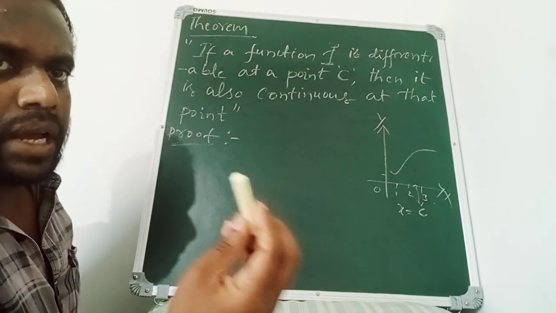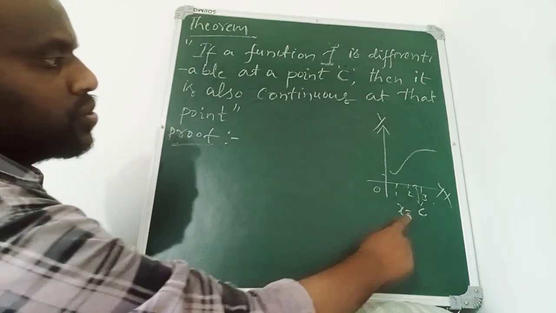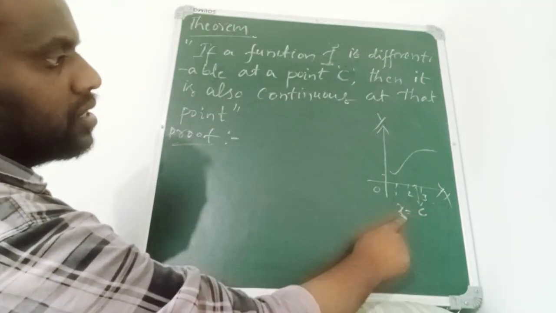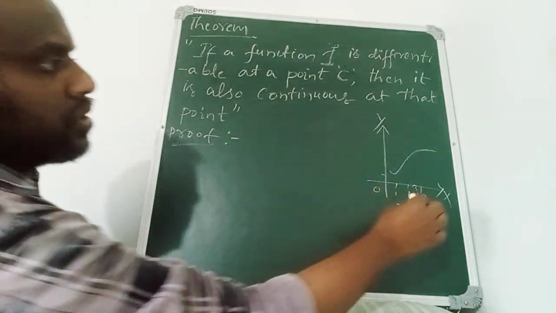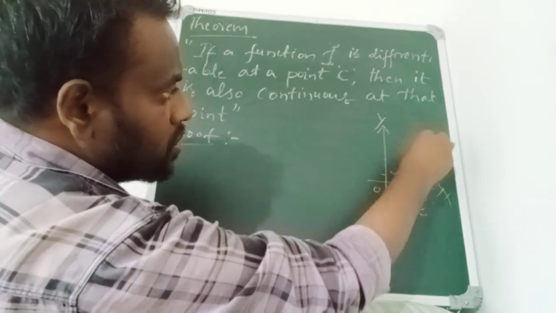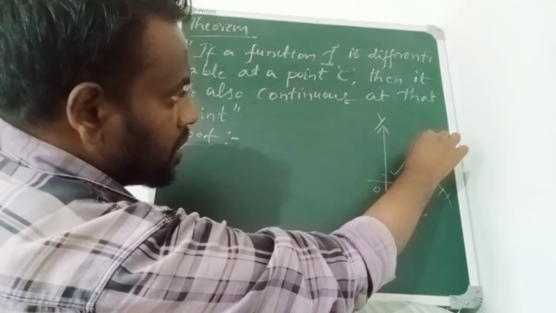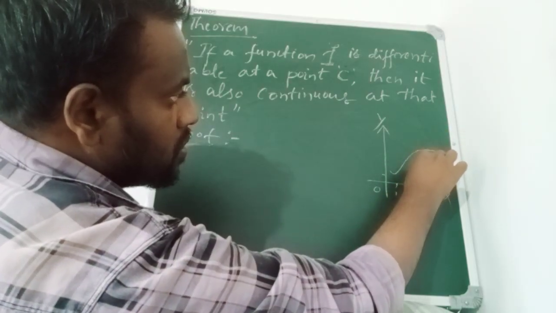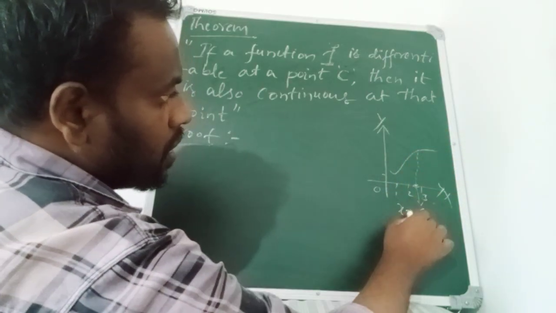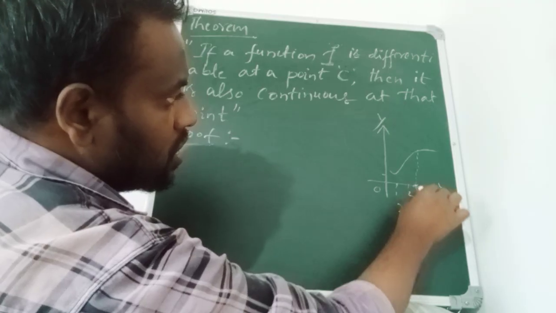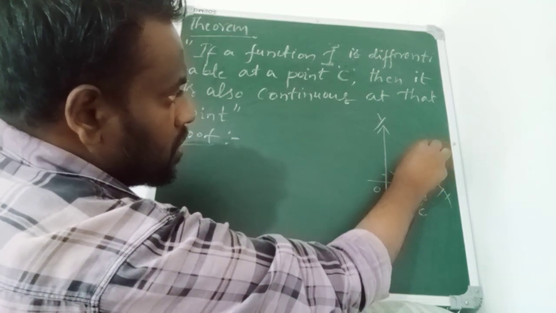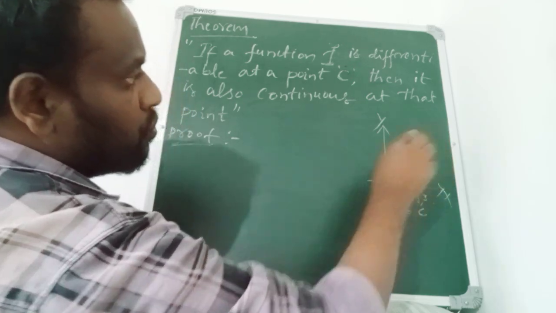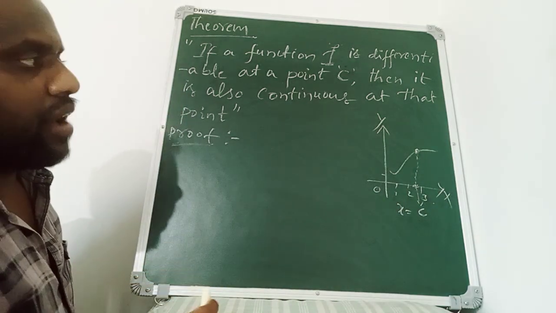So I am just taking it general. So x is equal to c. At x equal to c, c is some value. Corresponding to this, you draw one dotted vertical line here. So corresponding to x equal to c, here we get the point. Here some value will be there, that is the function value.